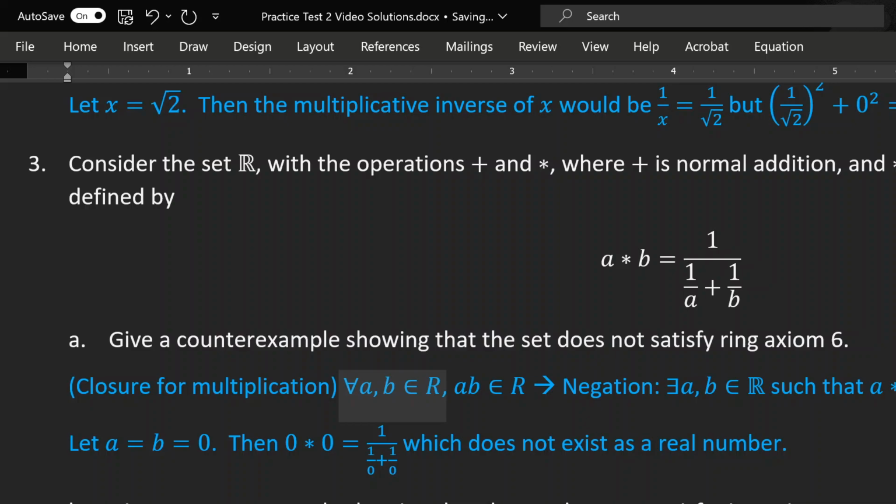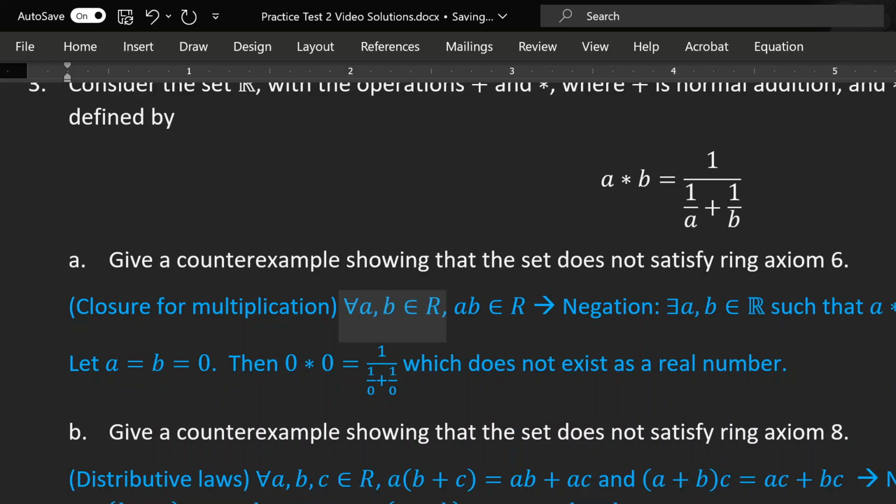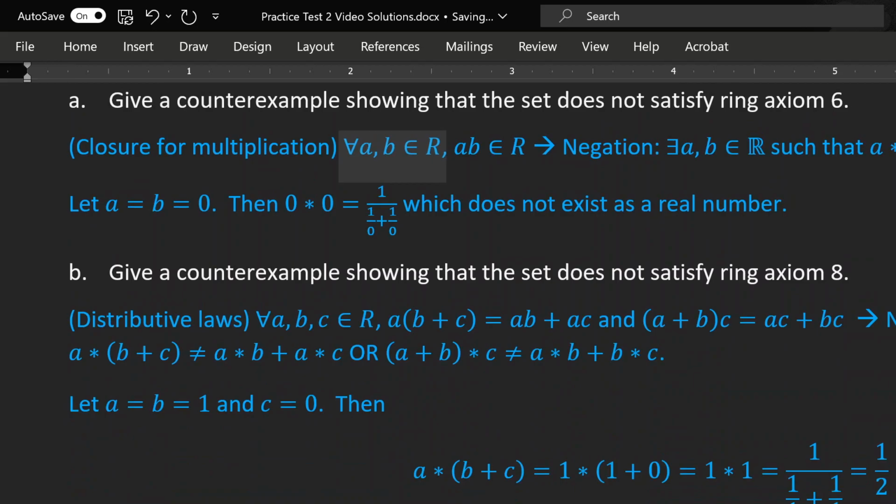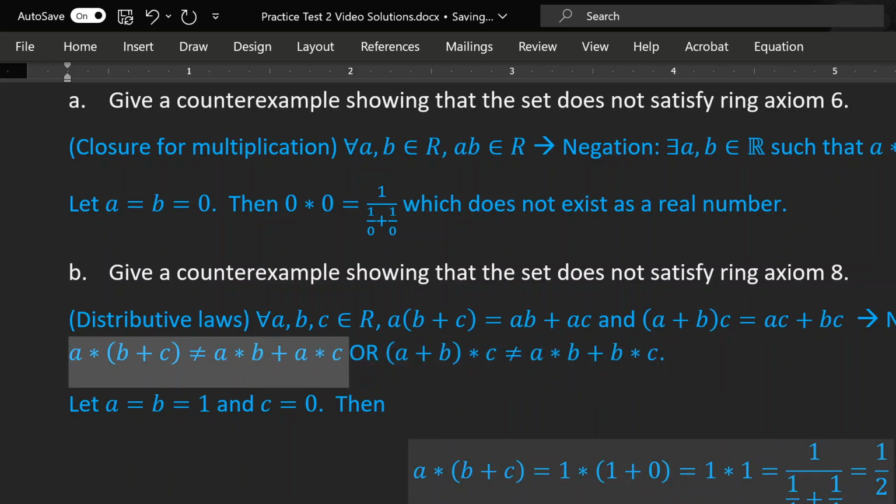And then this one right here is going to be 1 over 1 plus 1 over 1, which is 1/2. So 1/2 is not equal to whatever this non-real thing down here is. Okay, so the equation is not satisfied. All right, so we found what we were looking for, A, B, and C in the reals, such that this first equation here was not true.